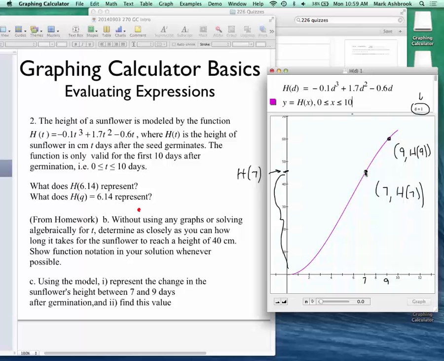I can start at this point and go up, down, left, or right. I want to represent the change in days starting at 7. The change in days. Right. Not right and up. The change in days. That's the x quantity. So we're only going left and right if we're talking about the change in days. So this bar right there represents that delta D of 2.